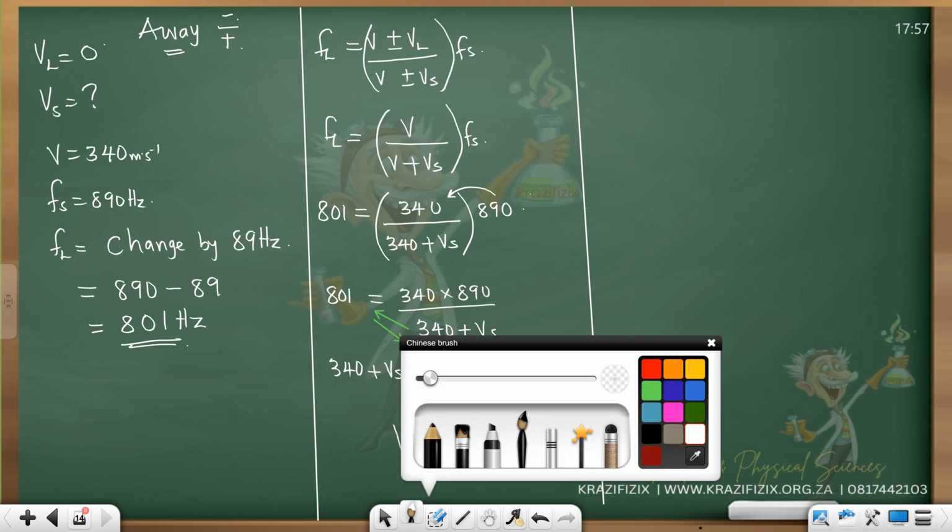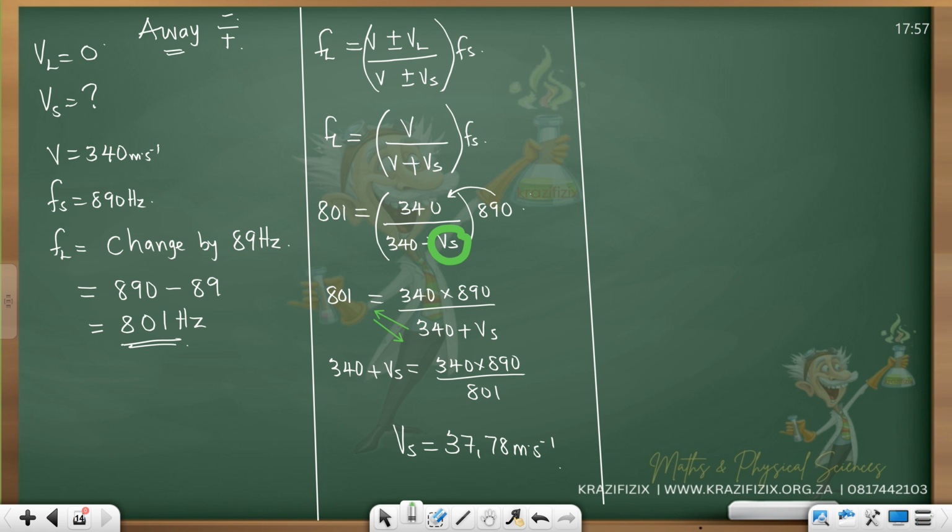Are you aware that we already have this value? If we put 37,78 there, we will get 801. But if this now increases, what happens? Your denominator becomes bigger. And when you divide by a big number, your answer becomes what? Smaller.